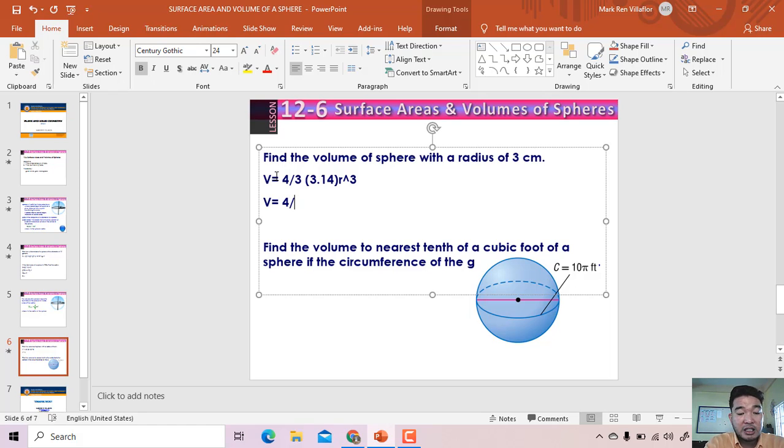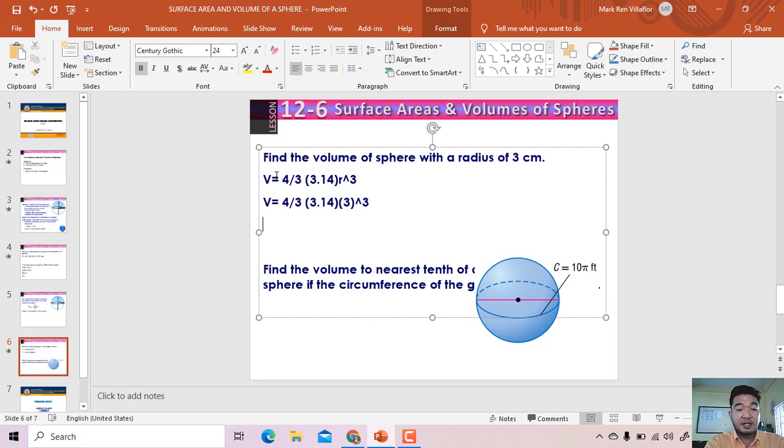So that is 4/3 times 3.14 times 3 cubed. And then we simplify it further. Volume is equal to 4/3 times 3.14 times 3 times 3 times 3, or 3 cubed, which is equal to 113.04.